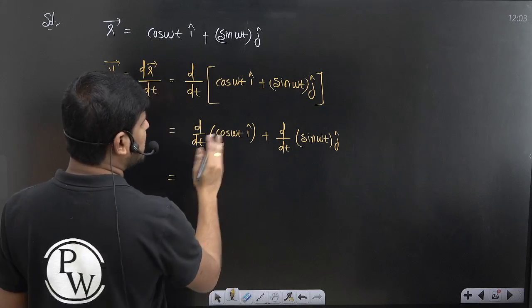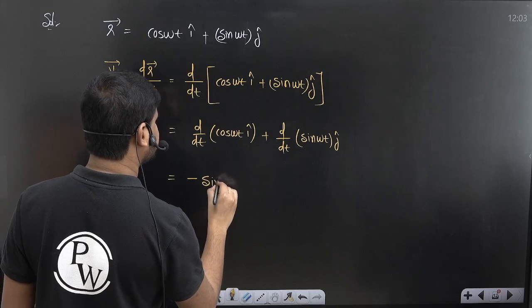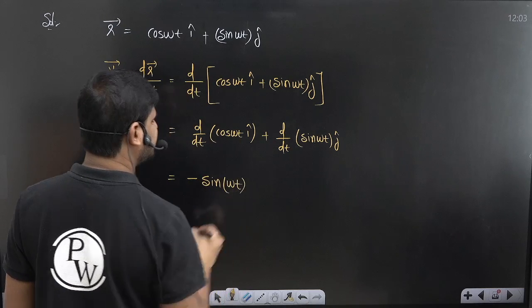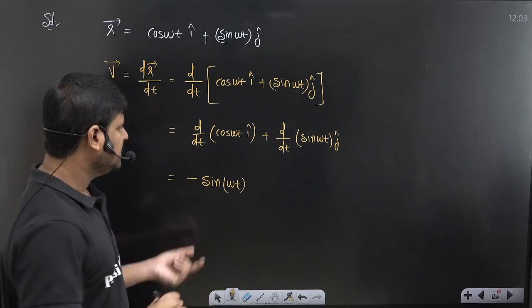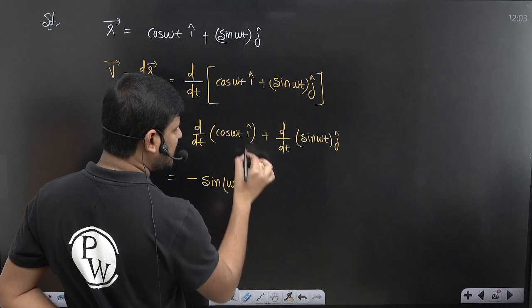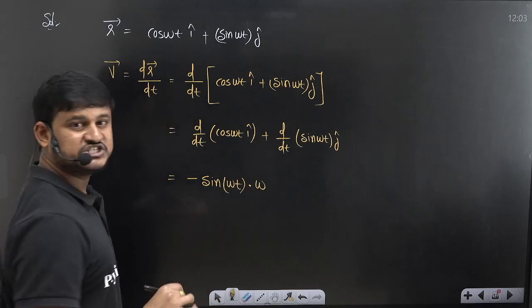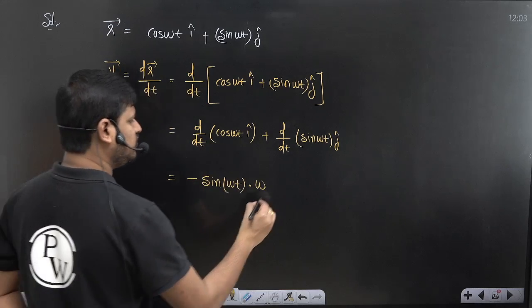Here the differentiation of cos omega t is minus sin omega t, since cos theta differentiation is minus sin theta, right? Into, by the chain rule, the differentiation of omega t, which is omega, into i cap.